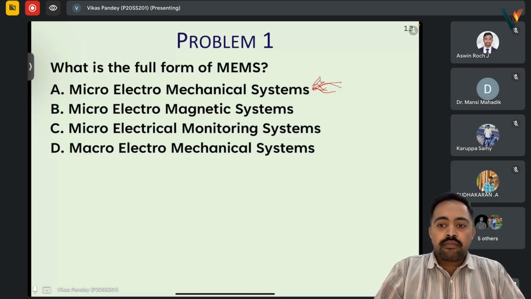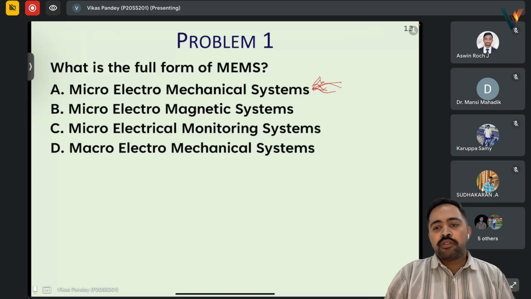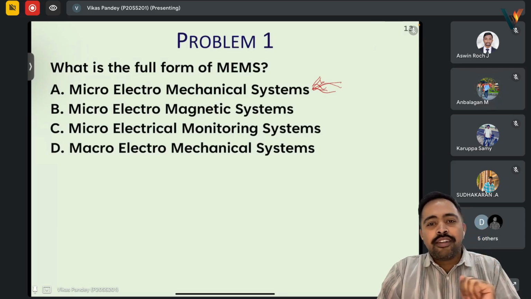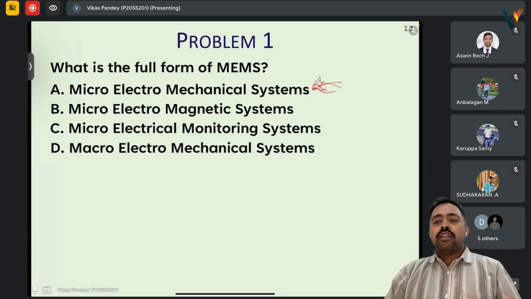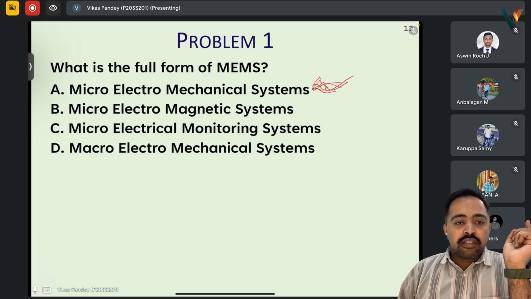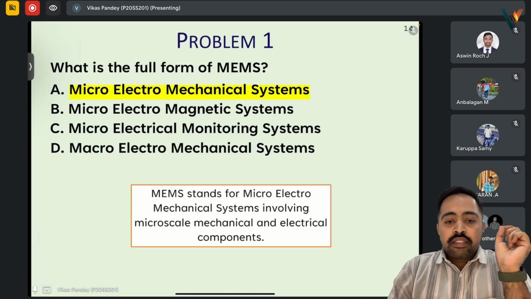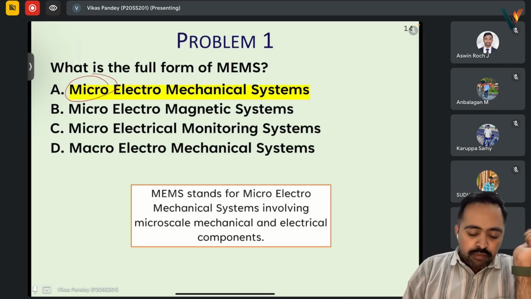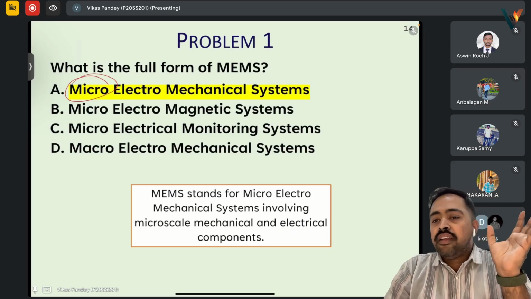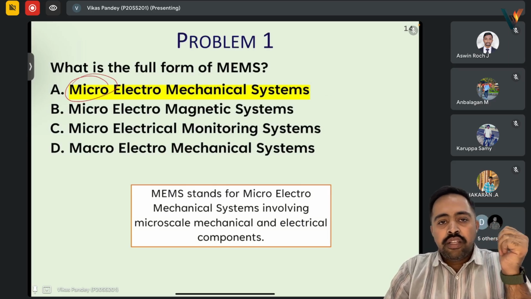I don't have the option of giving you people 5 stars, so we can just say good. So the first one, micro electromechanical systems, is what it stands for. And why micro? Because we are dealing with micro scale mechanical and electrical components.